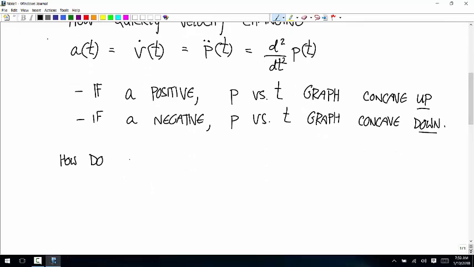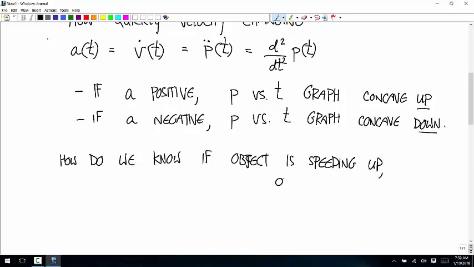So how do we know if the object is speeding up or slowing down?